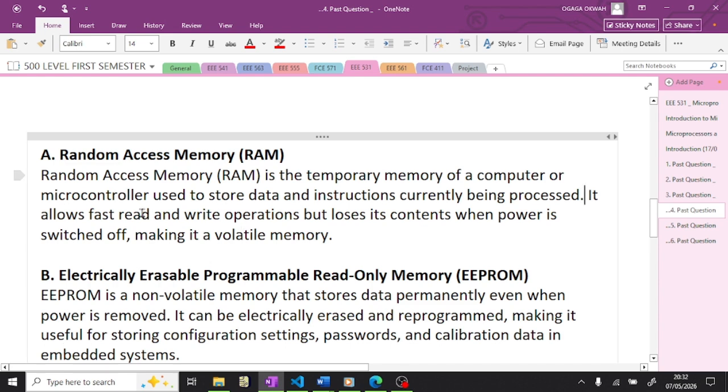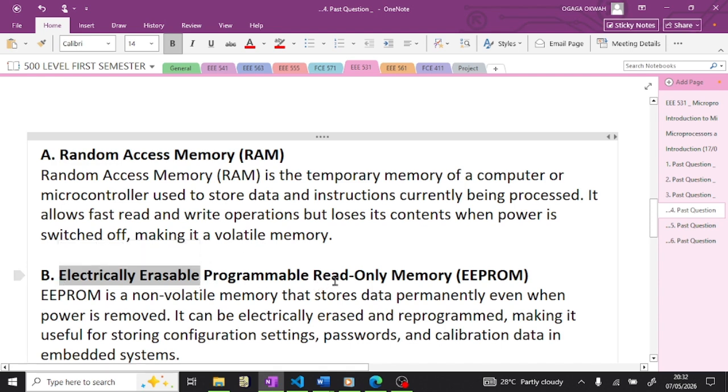Short memory. Now, electrically erasable programmable read-only memory, which is EEPROM. Electrically erasable means it can be electrically erased, and it's programmable.